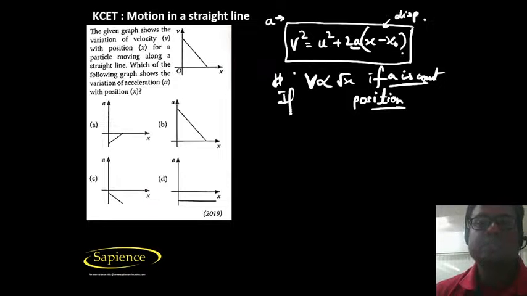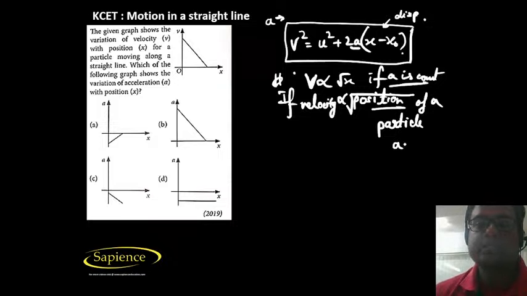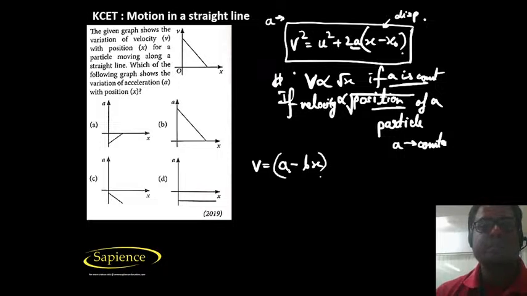If the velocity is proportional to the square root of the position of the particle, then only we can say that acceleration is constant. So here v is like a linear function of x. We can say v is like something a minus bx, like this.